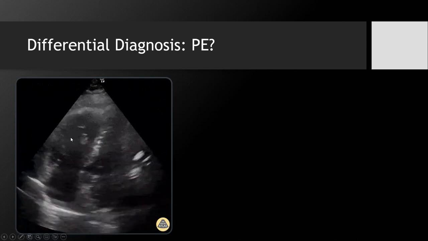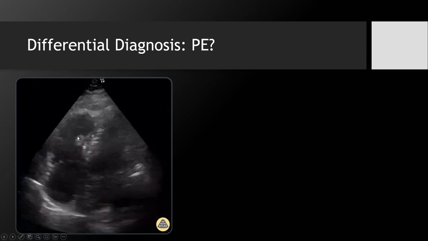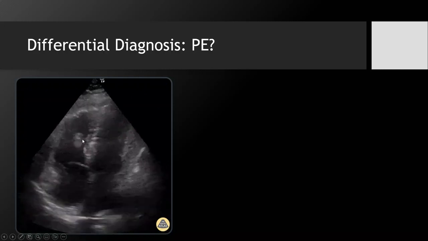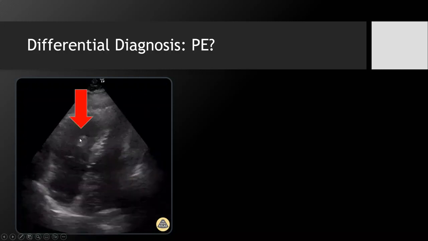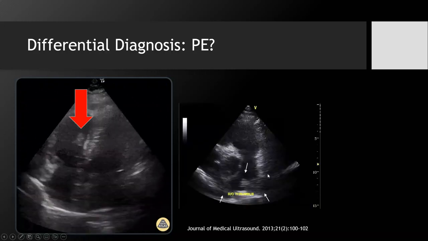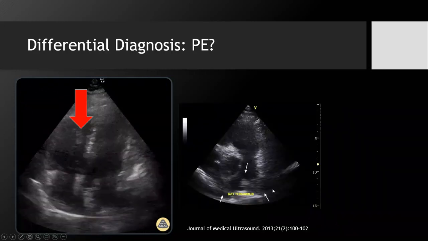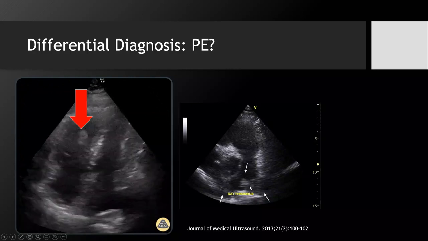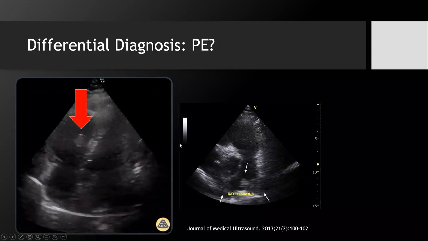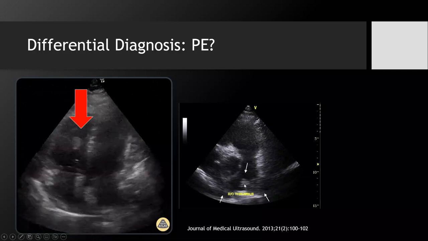Is it a PE? Well, maybe you'll see this clot in situ on the RV and say, okay, this is almost certainly a PE. I'm seeing a clot in transit, right? Maybe you don't see the clot in transit, but maybe you got lucky and you were able to see your PA very well in the parasternal short axis view and actually saw a saddle embolus. So maybe not even in transit, but having reached its destination.